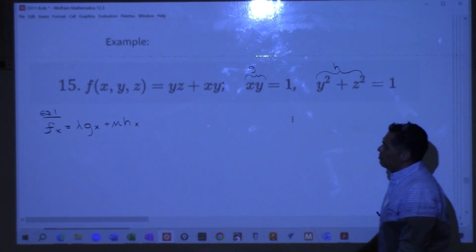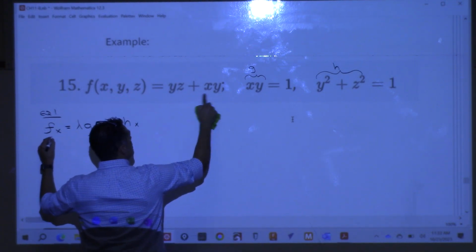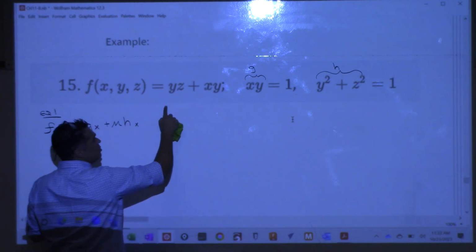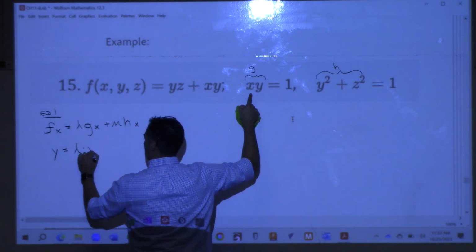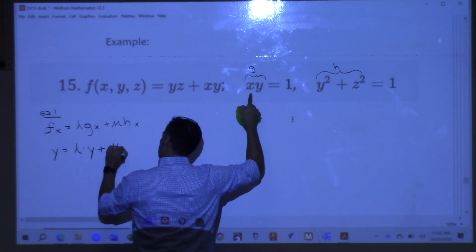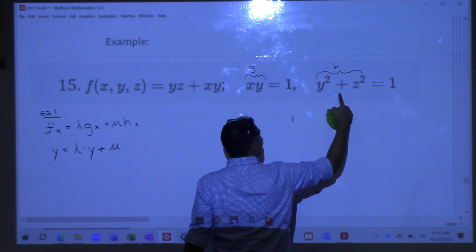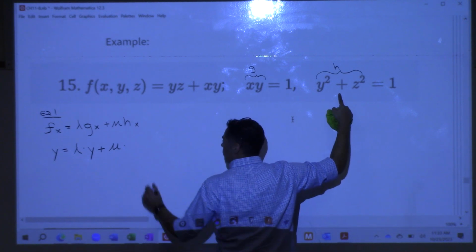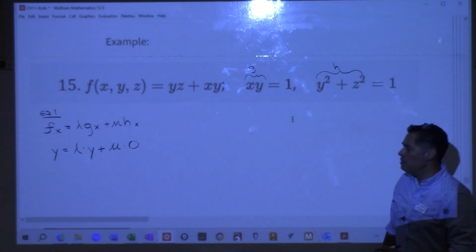Okay, partial of f with respect to x is y equals lambda partial of g with respect to x, y plus mu times partial of h with respect to x. There's no x in here, right? So what? 0. Okay, that would be our first equation.